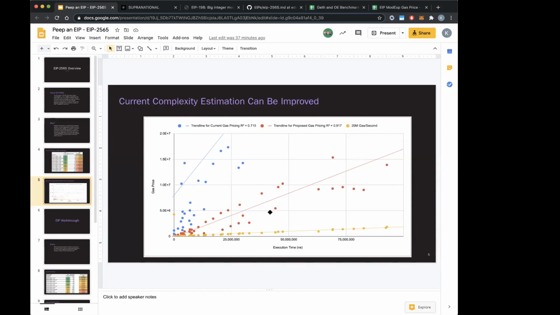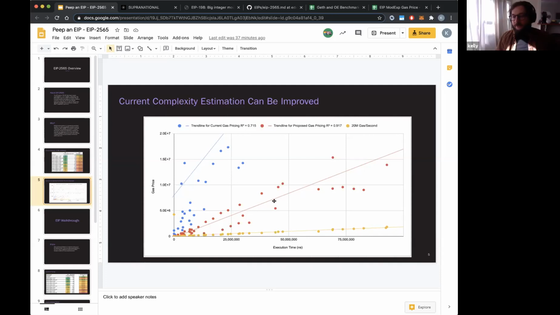And what I would say is rather than even exactly average, it's more that we target the worst case. What we actually do in this EIP is we know that some of these ones are maybe underpriced. We're going to shift this line by modifying this G-quad divisor to ensure that nothing is underpriced. Because the last thing you want to do in Ethereum is have something that's underpriced, because then that means it's potentially a denial of service vector.